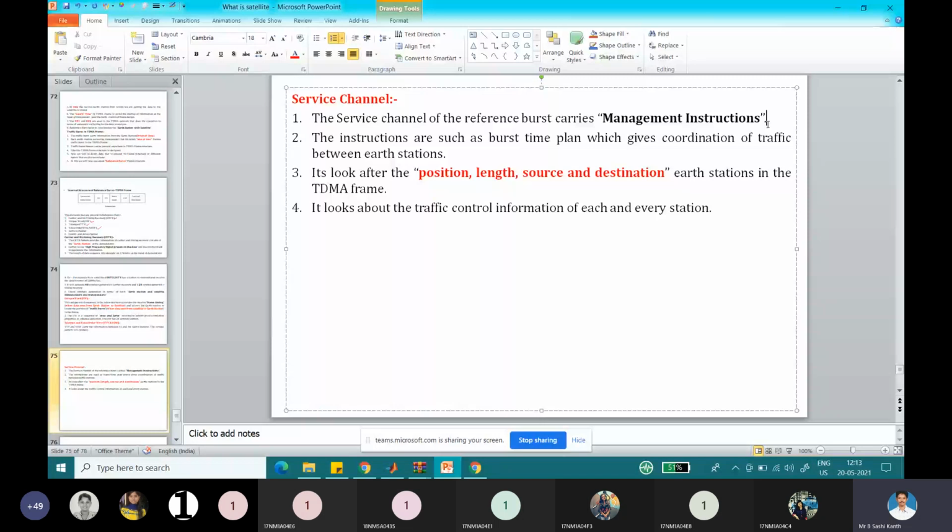Those instructions are the burst time plan to see the coordination between the multiple earth stations, to coordinate and send the frame to the satellite. And also look after what is the position and the length and the source and the destination. The source is nothing but the source of the data and the destination is the station that it has to reach. So this is about the service channel.